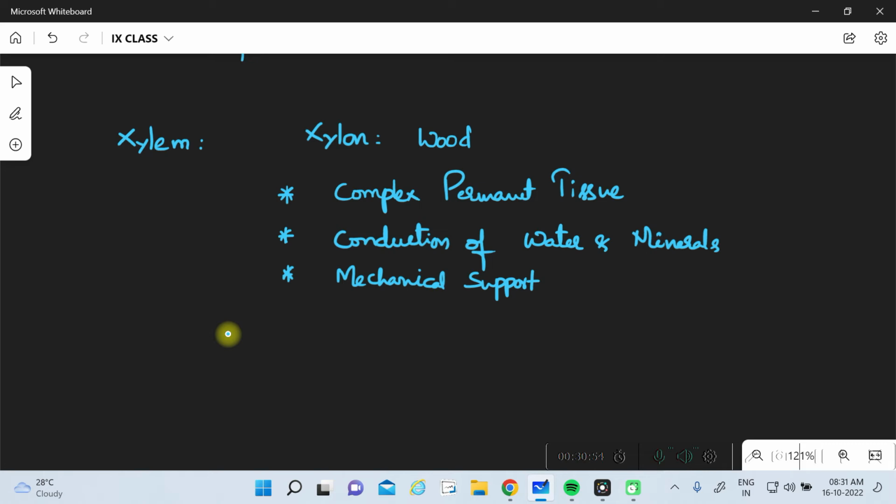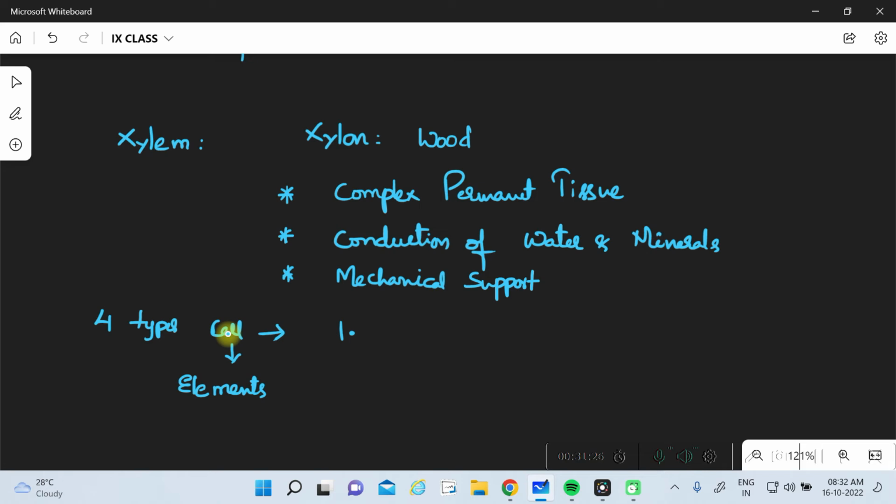Now, what are the different types of cells present in the xylem? There are four types of cells present in it. Xylem consists of four types of cells, or you can also call them elements.